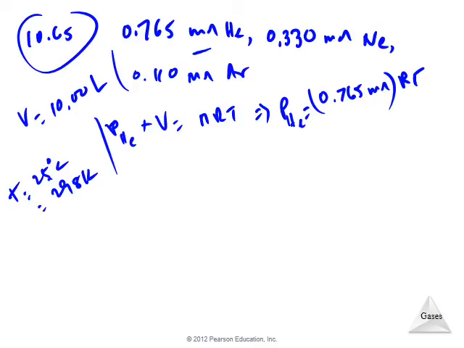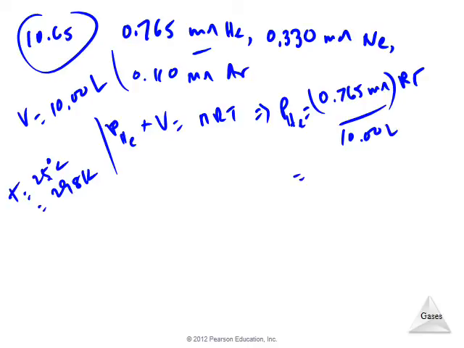So pressure due to helium would be given by applying pressure equals nRT over V. So the total volume has to be given, and I think the question is asking for total volume of 10.00 liter.